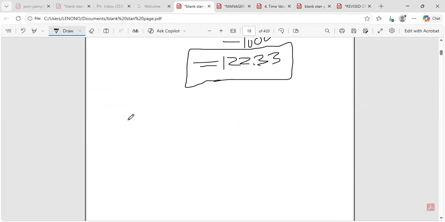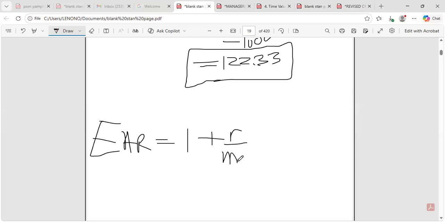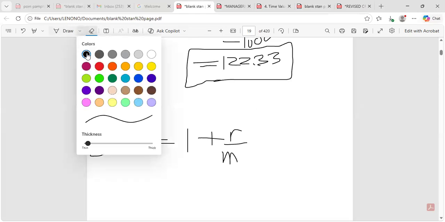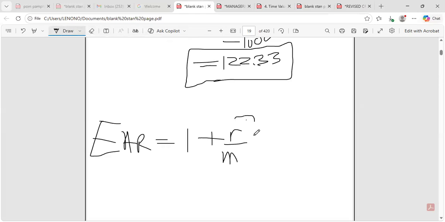So when you are getting the effective annual rate, it's actually equal to 1 plus R over M, to the power M, minus 1.